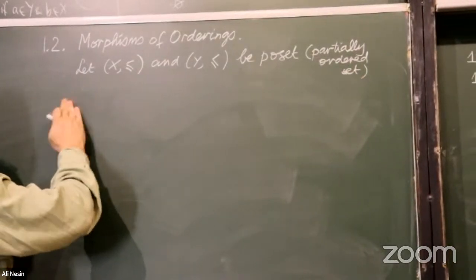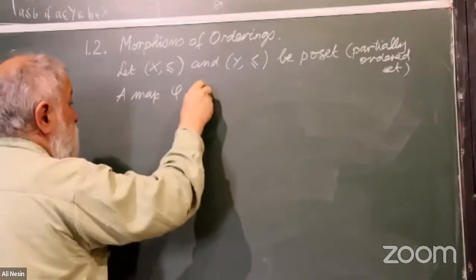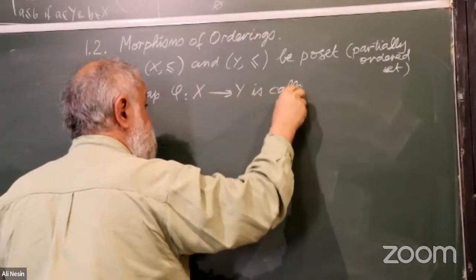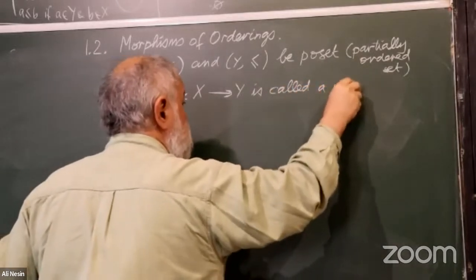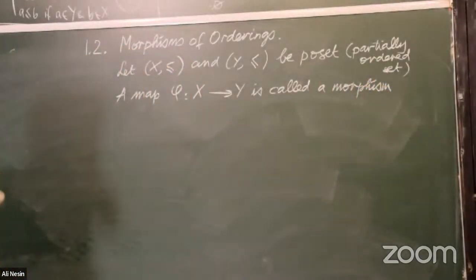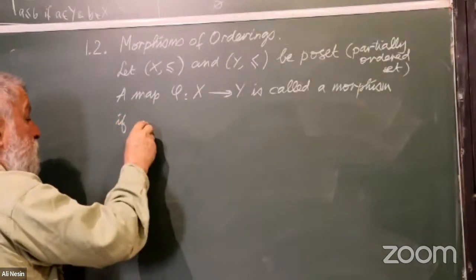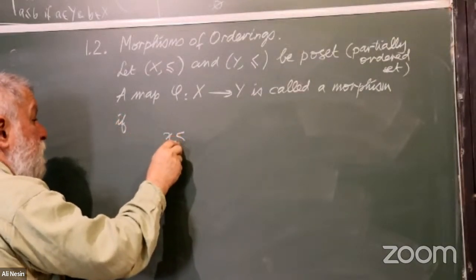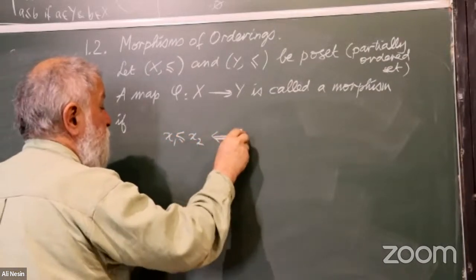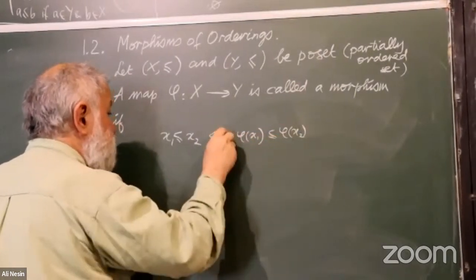Let a map phi from X to Y be called a morphism if x1 less than or equal to x2 if and only if phi of x1 is less than or equal to phi of x2, for all x1, x2 in X. This if and only if is important.